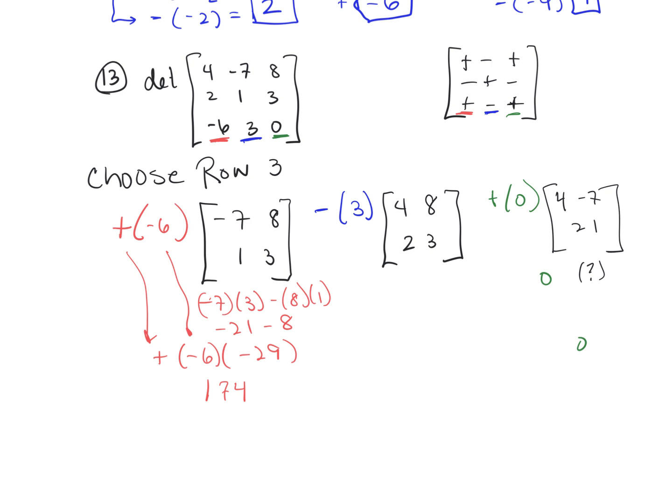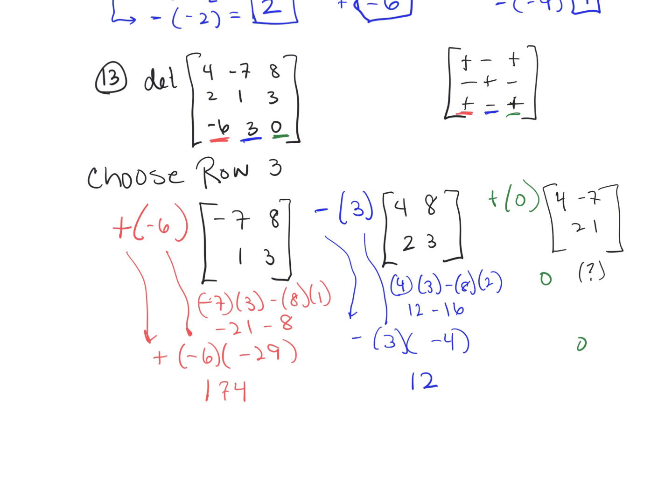And then we're going to go do the math for our negative 3. So let's do our determinant. 4 times 3 minus 8 times 2. So I'll have 12 minus 16 is negative 4. But then, negative 3. So I have negative 3 times negative 4, which is positive 12. And then, of course, the 0.